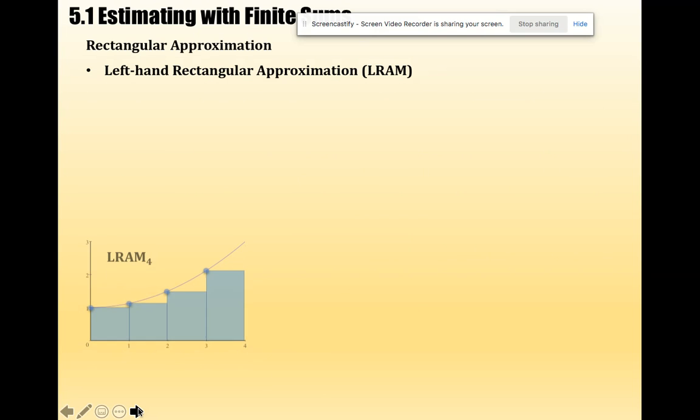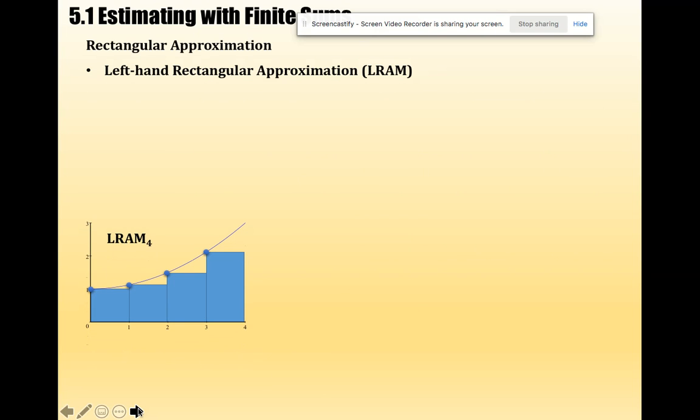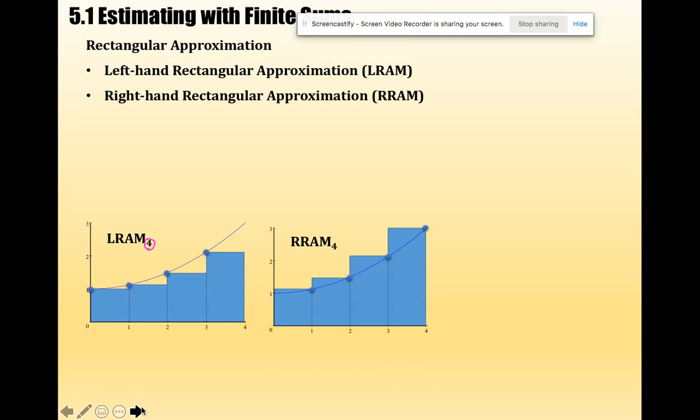All right. Here is a picture of LRAM 4. Look at this 4 down here. The subscript tells you how many rectangles you're using on the subinterval, right? The left-hand approximation method with 4 rectangles. There's RRAM sub 4. That means I used the right side of the first interval to constantize my function.